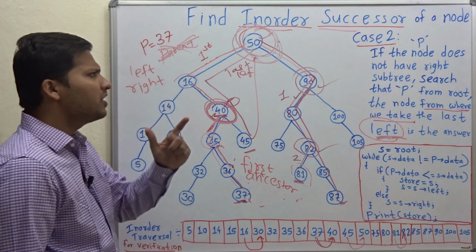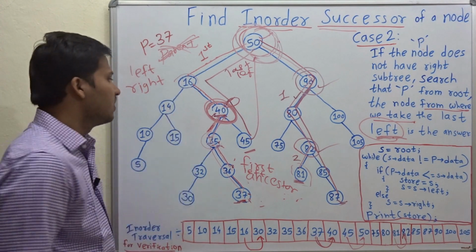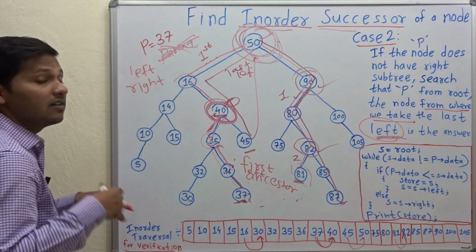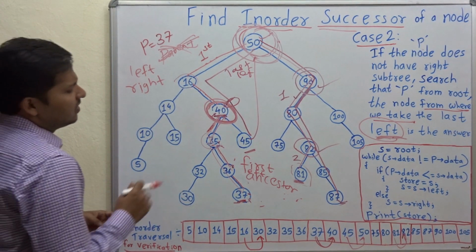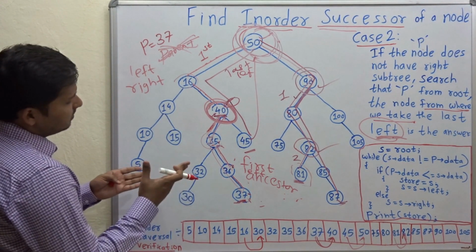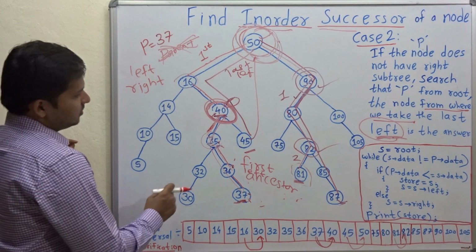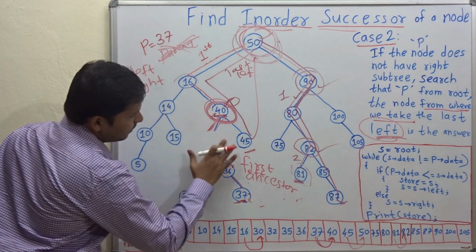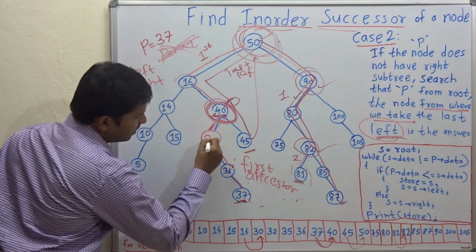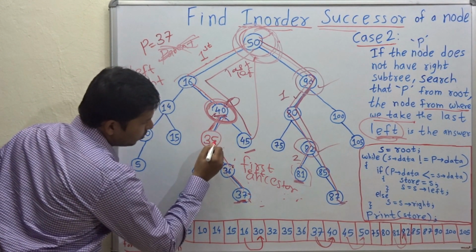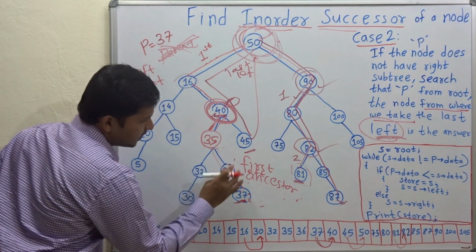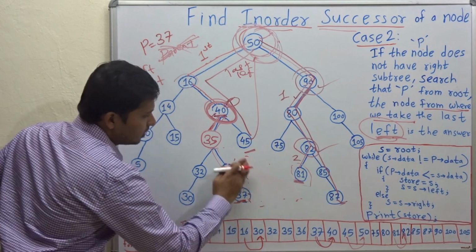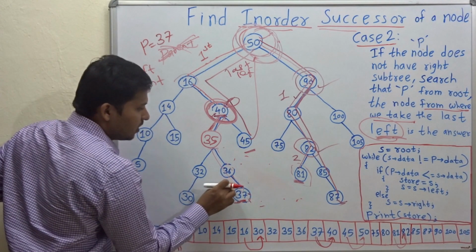Let's take one more example for case 1, the node which has the right subtree. Let's take 35. We want to find the in-order successor for this node. How do we do that?